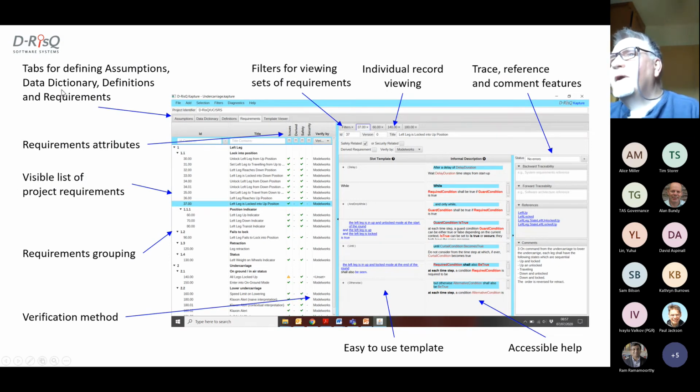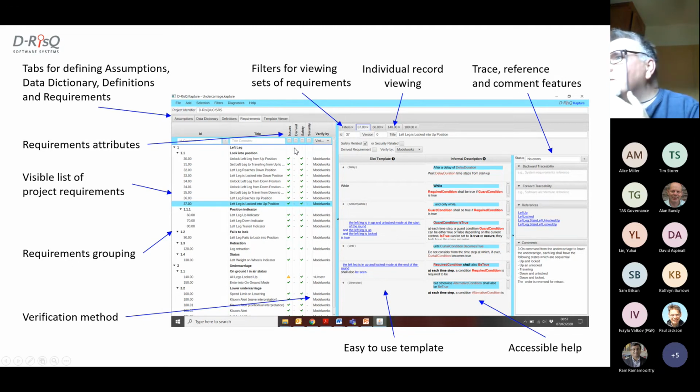So we've got ways of recording assumptions, data dictionary, definitions and requirements, filters, individual record viewing, trace, reference and comment features are important. So traceability up to the system requirements and down to aspects of the design. That is a tedious thing which auditors come in and look at. So making that easy is a good way of passing your audit.